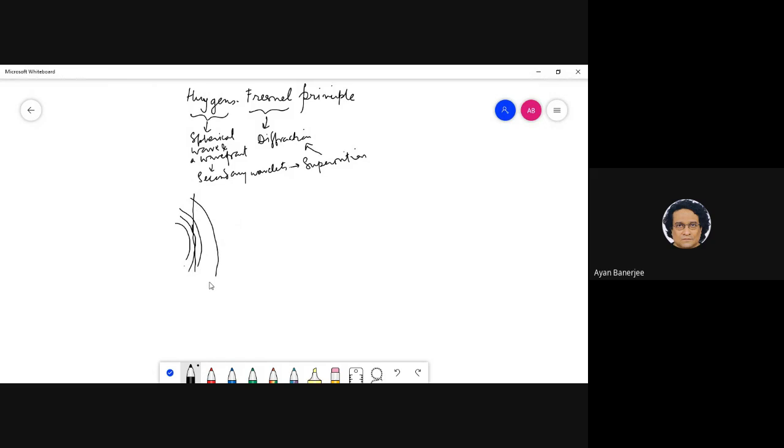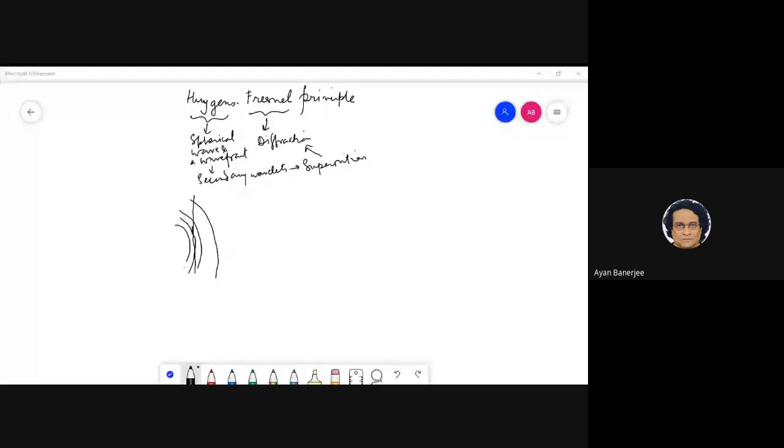What one should technically say is that what we consider here is any point source, which gives out spherical waves, of course, but the wavefront here is also spherical, right?